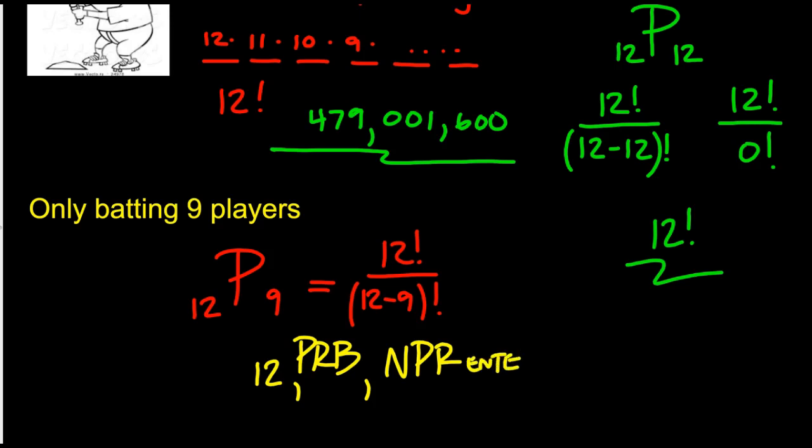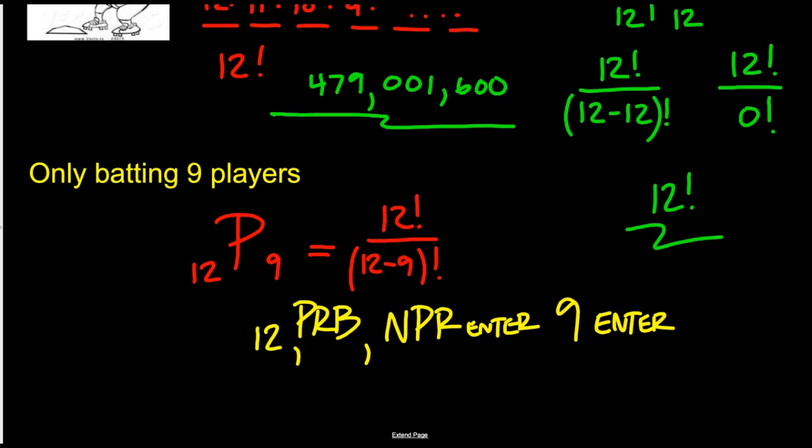And then after enter, I had to type in 9. And then I hit enter again. And then I end up with an answer of 79,833,600. So still quite a bit. So a lot of choices.